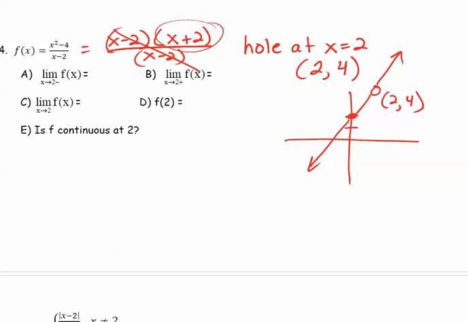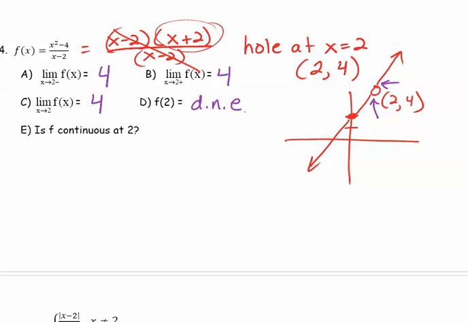So the limit as x approaches 2 from the left-hand side, we get very close to the y coordinate of 4. And the limit as x approaches 2 from the right-hand side, we get very close to a y coordinate of 4. So since the two limits left and right agree, we say there's an overall limit. F of 2 does not exist.